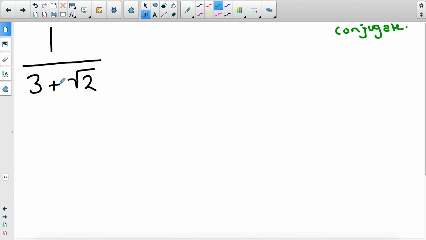So the conjugate is when you take the exact same expression, but instead of this sign, you just take the opposite sign. So if it's a plus, you take a minus. If it's a minus, you take a plus. So in this case, you're going to do 3 minus square root of 2 over 3 minus square root of 2.